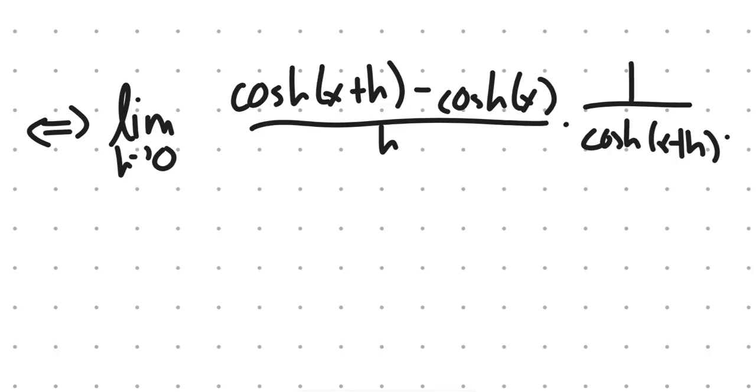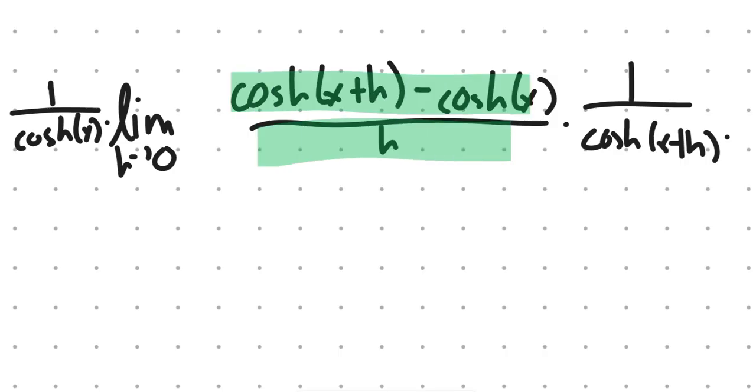Now, since cosh of x is independent of h, we're just going to put it outside. So we're going to use the limit definition and the properties so that we can write the cosh of x outside. So now we have this, but we want to isolate this, and we have a product of two.